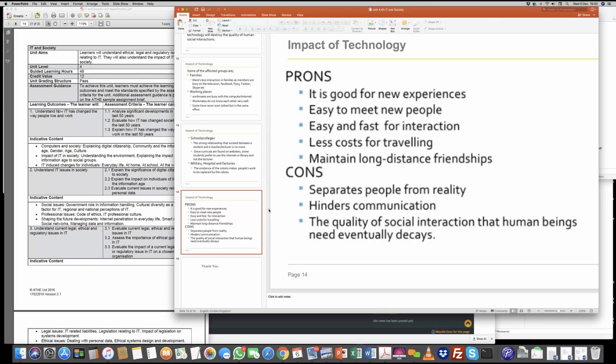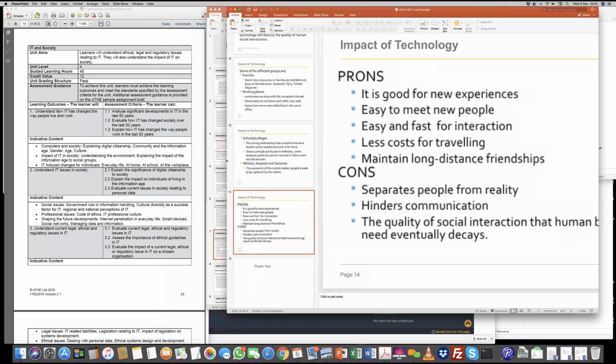Okay, so that brings us to the end of the first session. And in that first session, just a very brief recap, we wanted to look at three things. One, what have been the significant advancements of technology in the last 50 years?